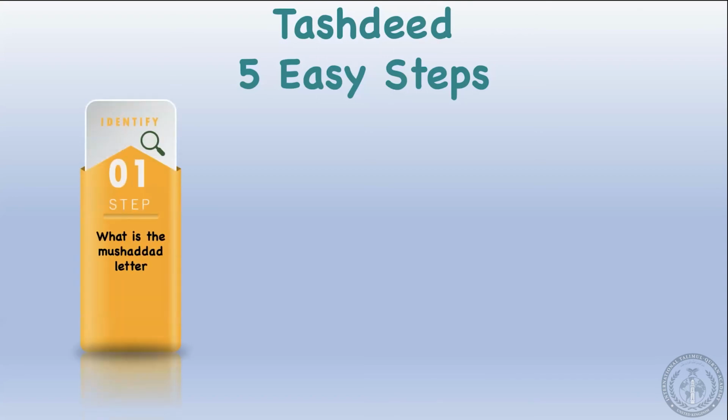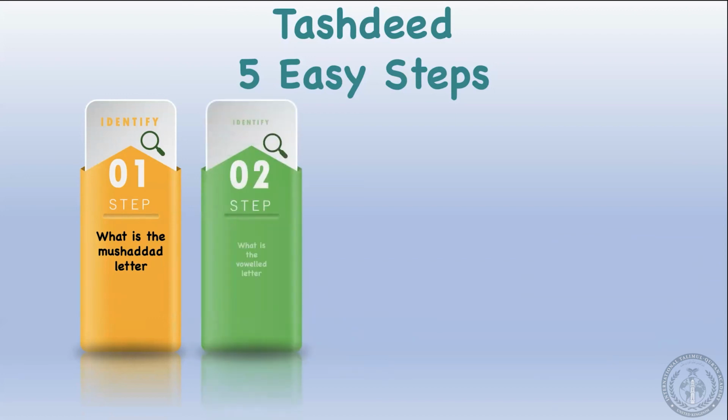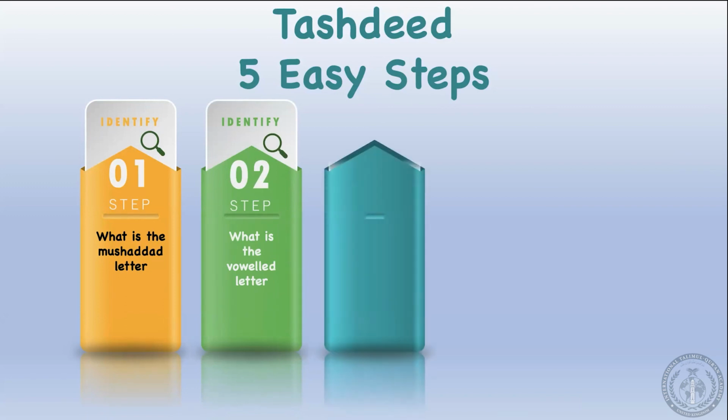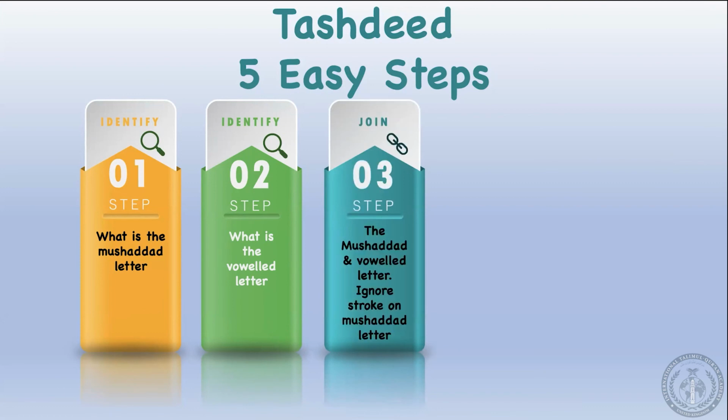Okay, so let's go to something nice and colorful that might help us to remember. Step number 1, whenever you see Tashdeed, you have to identify what is the mushaddad letter. The next step is you have to identify what is the vowelled letter. And the third step is you have to join the mushaddad and the vowelled letter.